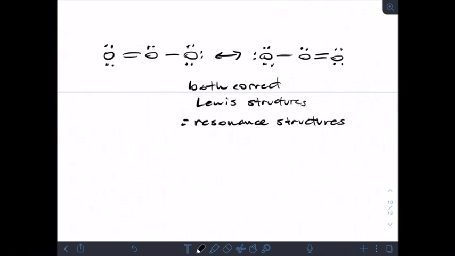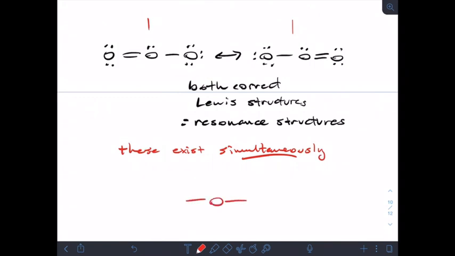Okay, so a thing that is important about resonance is that these exist simultaneously. Okay, this isn't like a light switch where it goes on and off. That bond is not flipping back and forth.